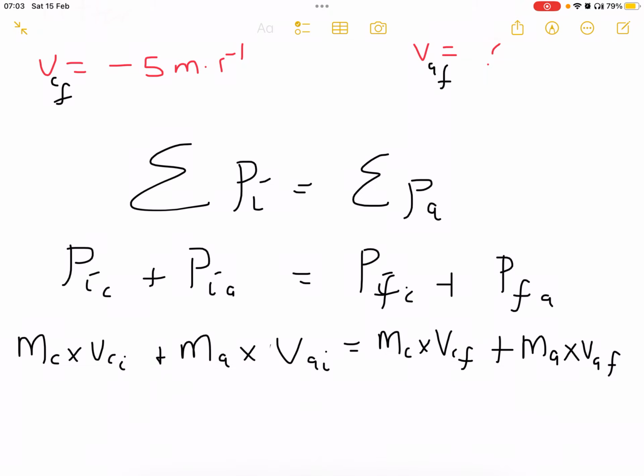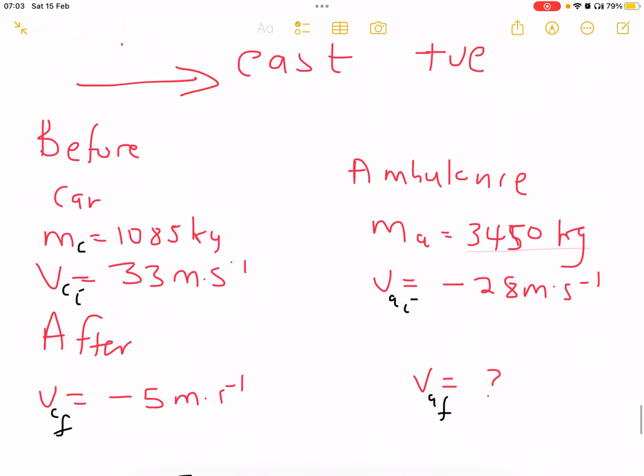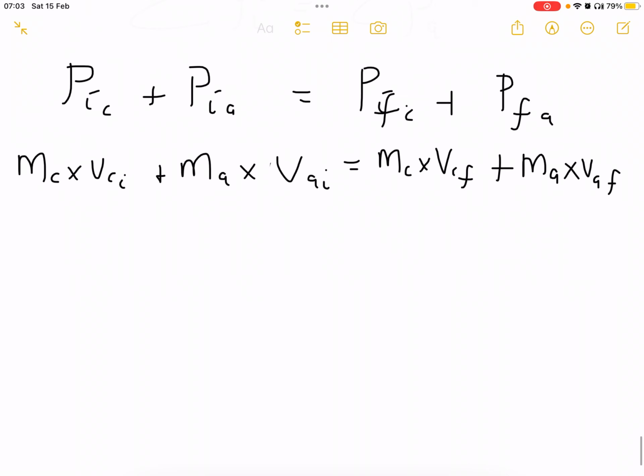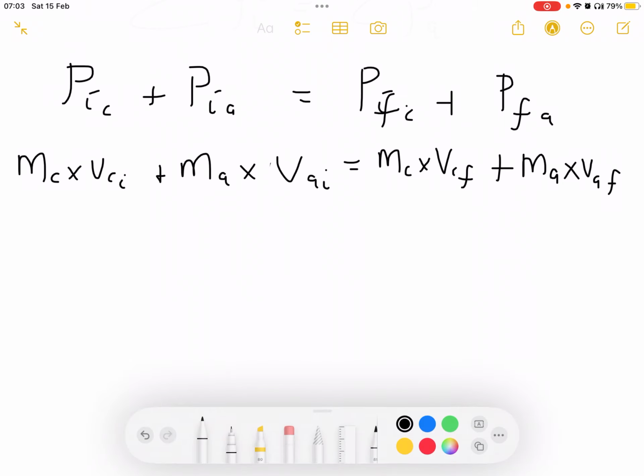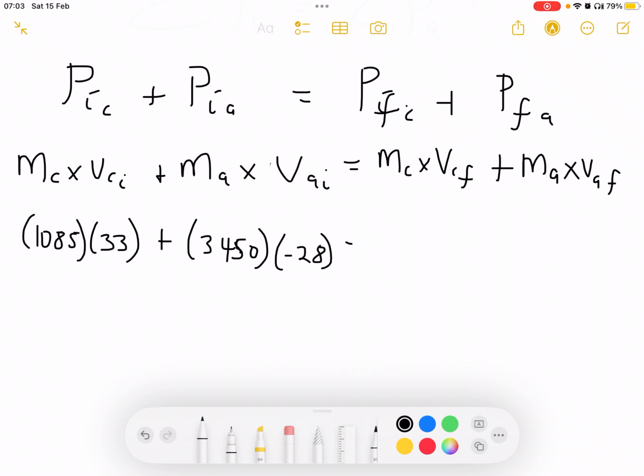And then we do plugging in of our data. We have the mass of the car being 1085, multiplied by velocity of the car, which is 33, plus mass of the ambulance, which is 3450, multiplied by a negative 28, because before it was going westwards.